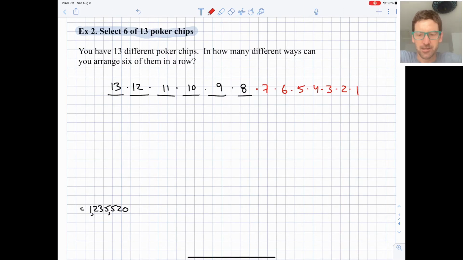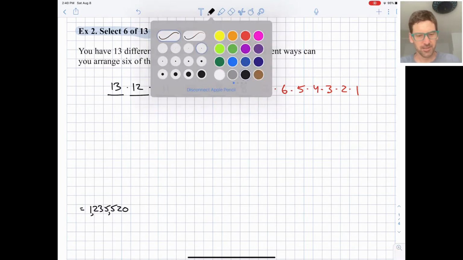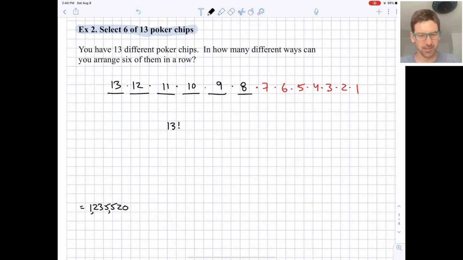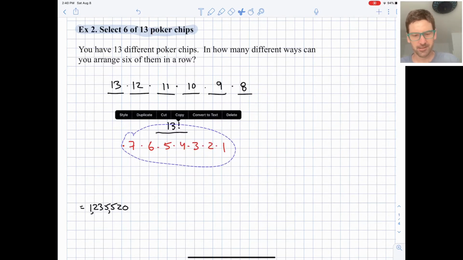All right, so that's just 13 factorial that I wrote out with an extra 7 factorial tacked on. So can we do 13 factorial and then divide away the 7 factorial?